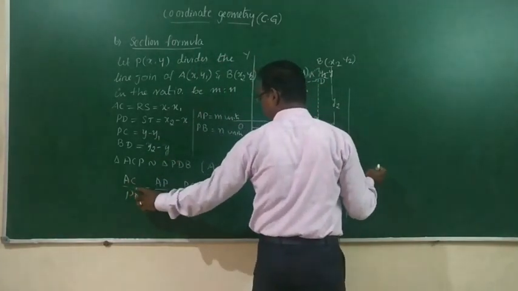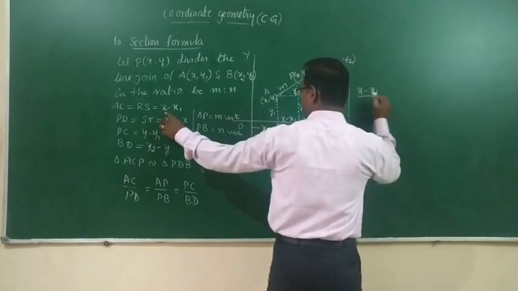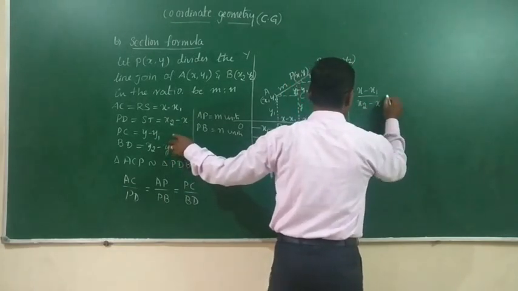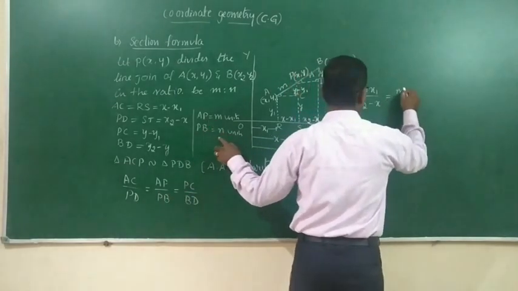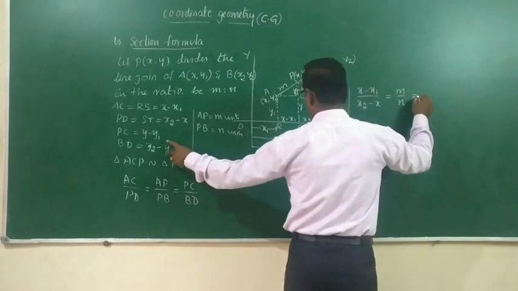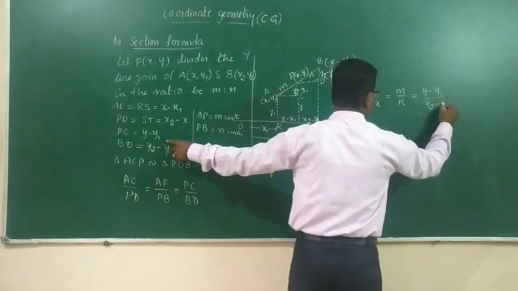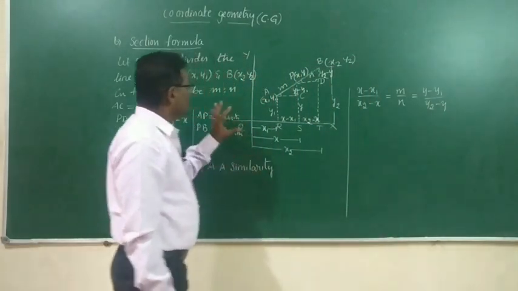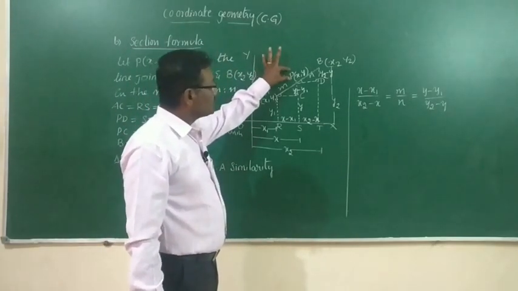AC by PD: AC is x minus x1, PD is x2 minus x, equals AP by PB, that is m by n, equals PC by BD, PC is y minus y1 by y2 minus y. So this is the ratio we have.